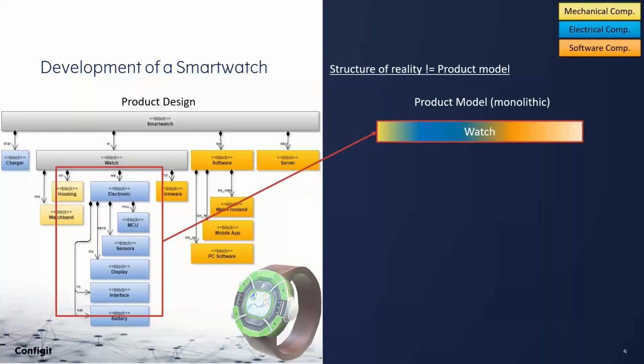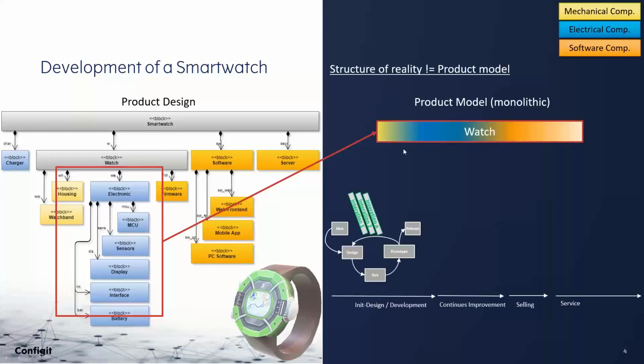That means we lose all the relation to real life and no longer have the connection to specific components and so on. And the problem is, when we do so, we have our development down here, and very often at the end of the development, we create the product model and we sell, of course, certain configurations based on that.